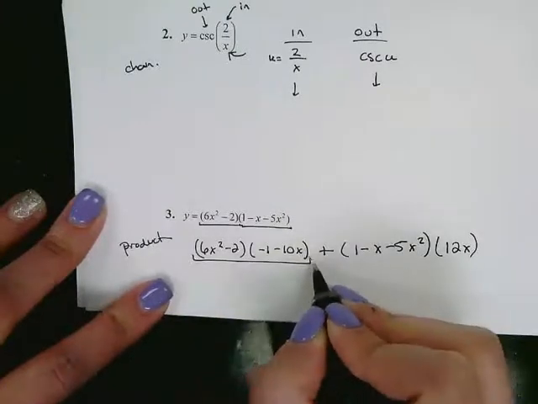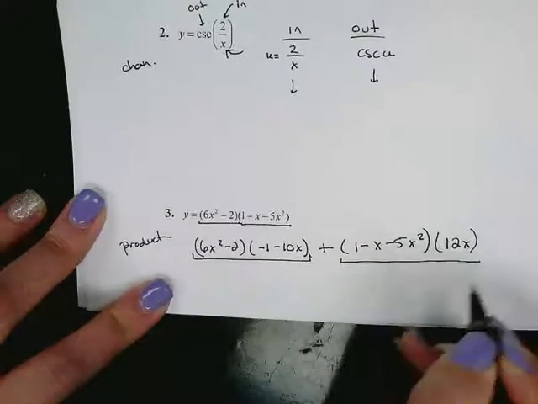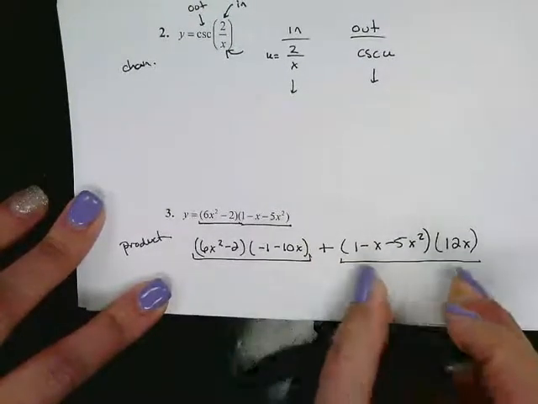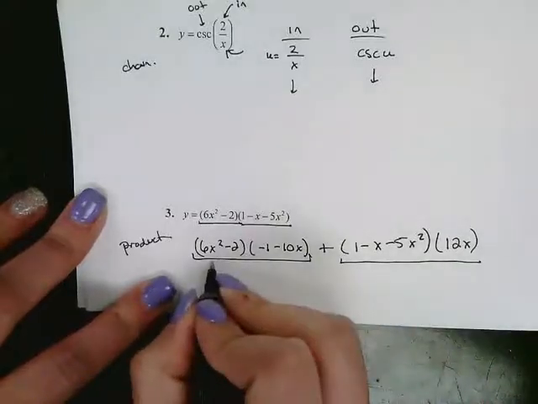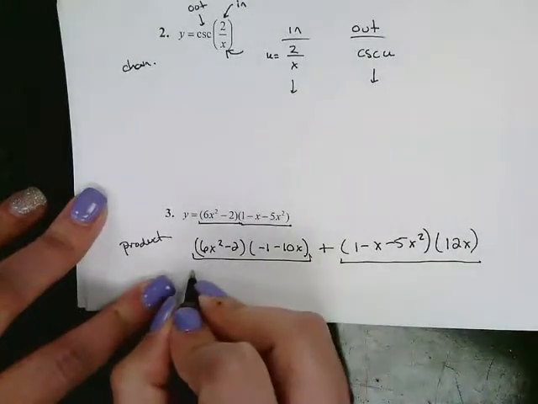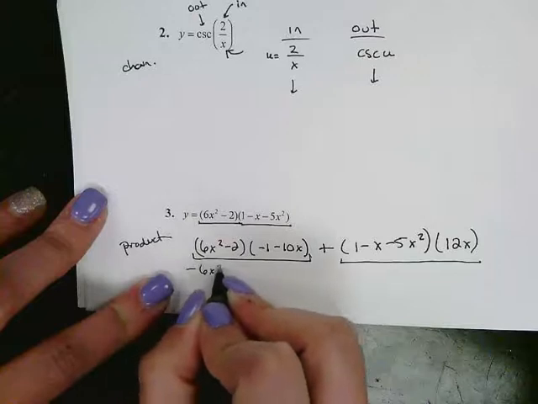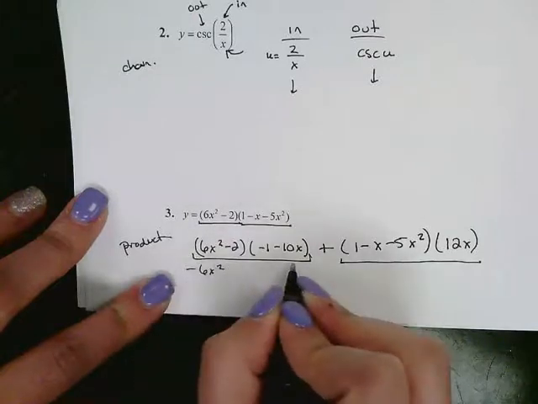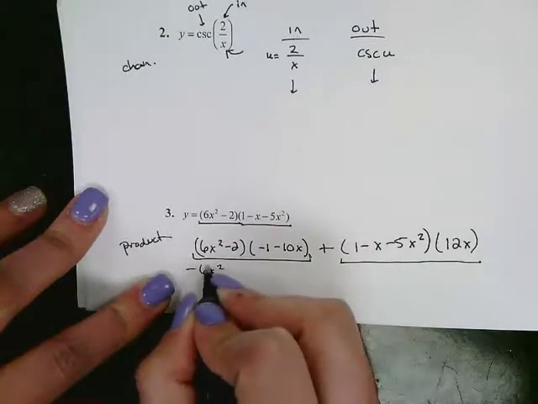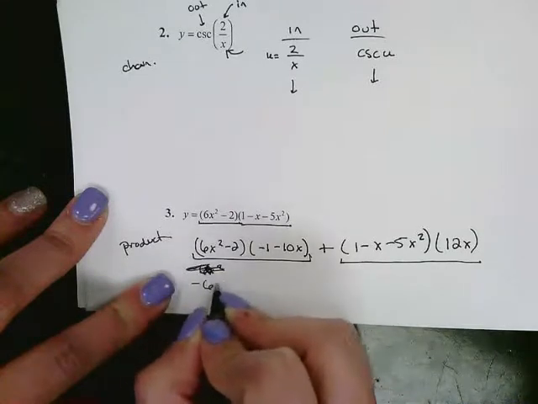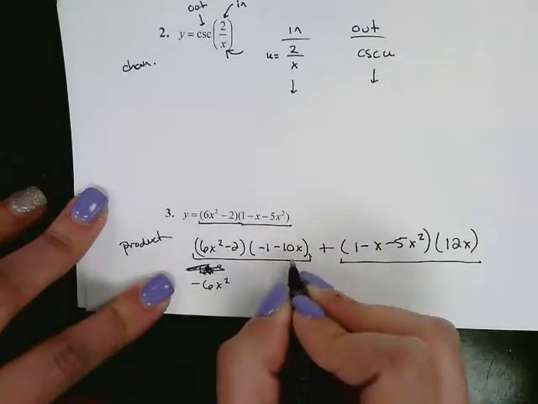So we FOIL this part out plus the FOILed this part out. So this actually ends up being negative 6x squared.